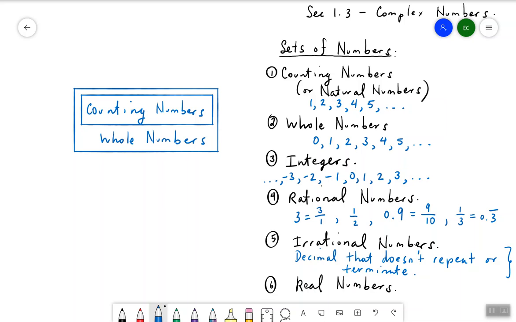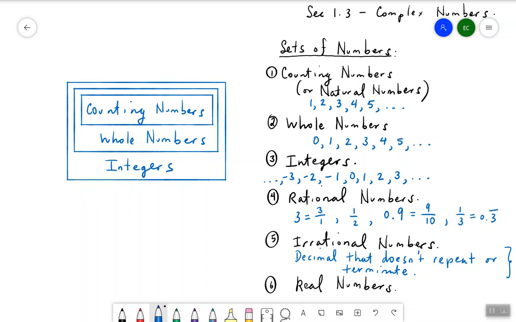All of the whole numbers are integers, and then the integers also include some extra numbers, that being the negative integers. And so the box for integers would include all of the whole numbers plus the negative integers, -1, -2, -3, and so on.